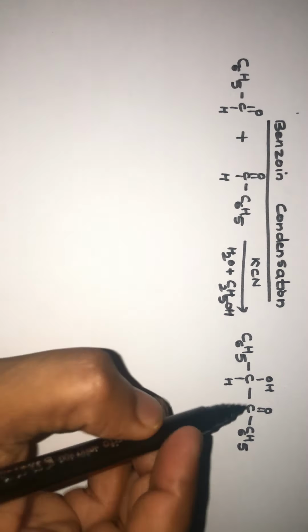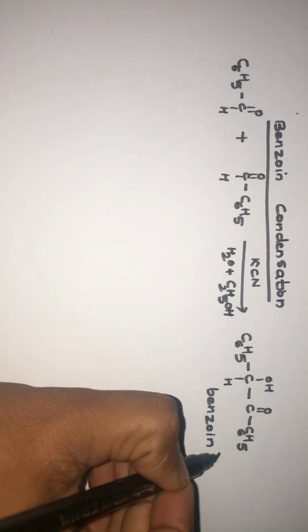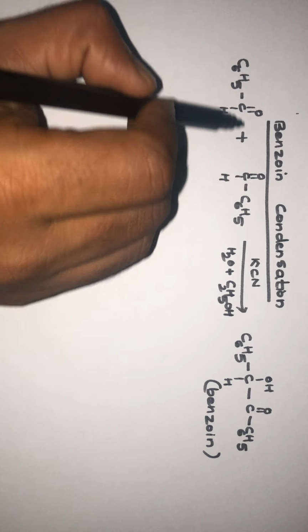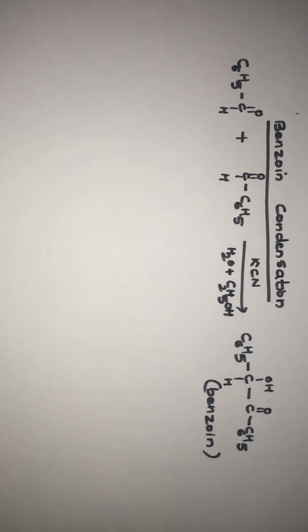So this molecule is benzoin, hence the reaction is called benzoin condensation. See, an attack is taking place, a new bond is formed, and the double bond O gets converted into single bond OH.